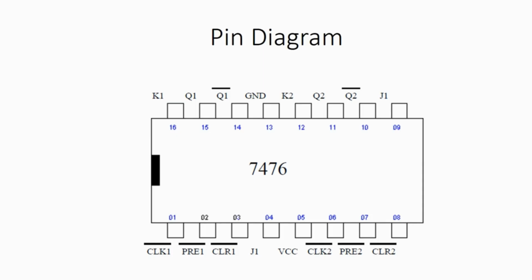Preset is used to set the flip-flop, whereas the clear input is used to clear the contents of the flip-flop. And each JK flip-flop has its own clock, that is clock 1 for the first flip-flop and clock 2 for the second flip-flop. Each flip-flop also has its own outputs, Q1 bar for the first flip-flop, Q2 bar for the second JK flip-flop.